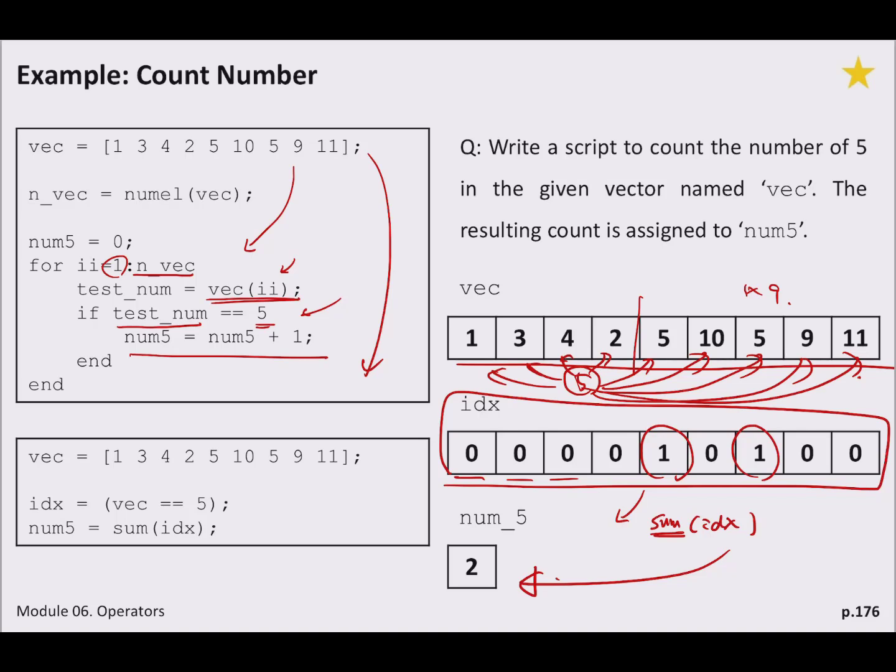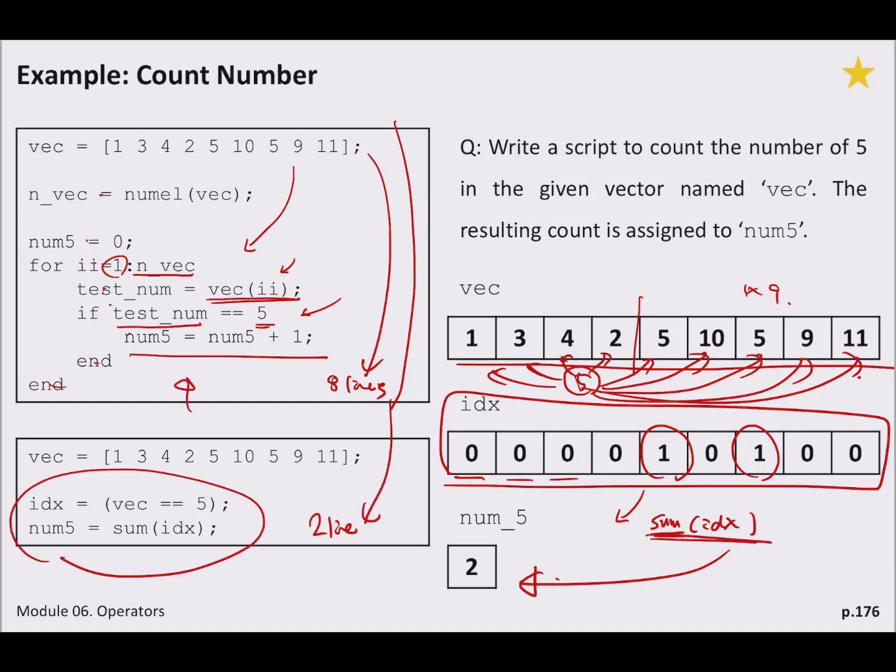See, this one is how many lines? 1, 2, 3, 4, 5, 6, 7, 8 lines. This goes to 2 lines, like this. We use the built-in function here.